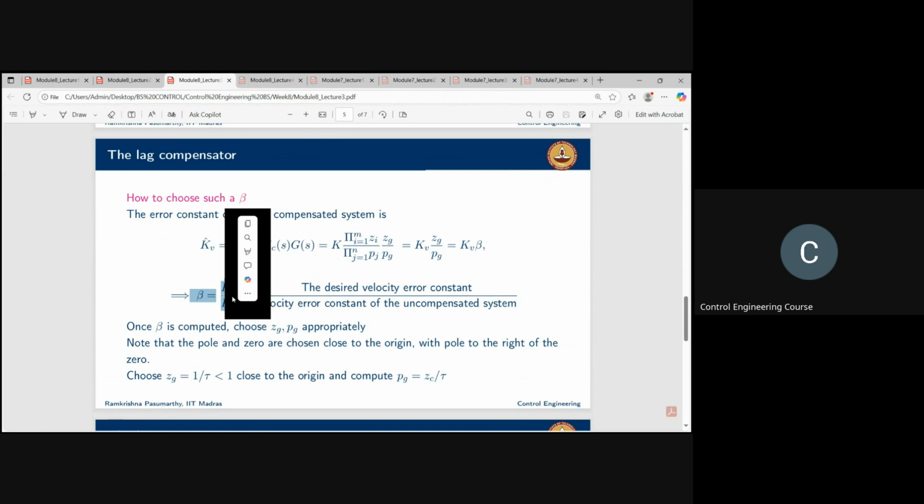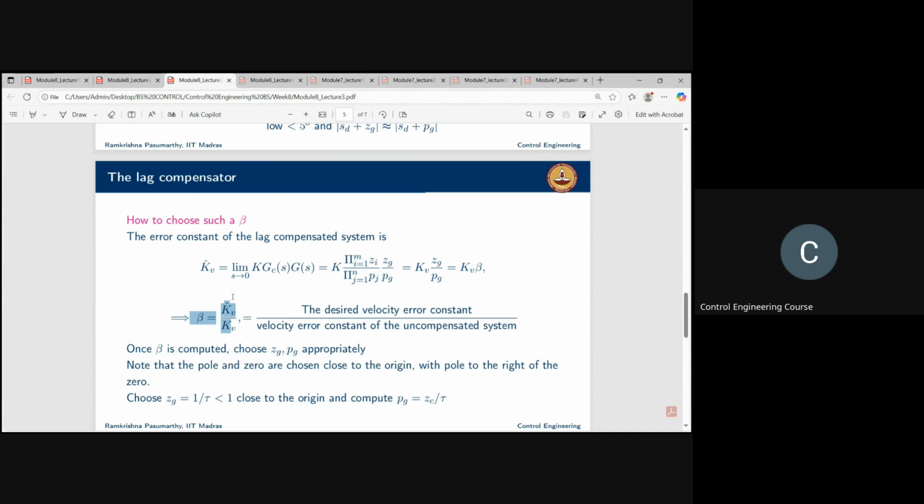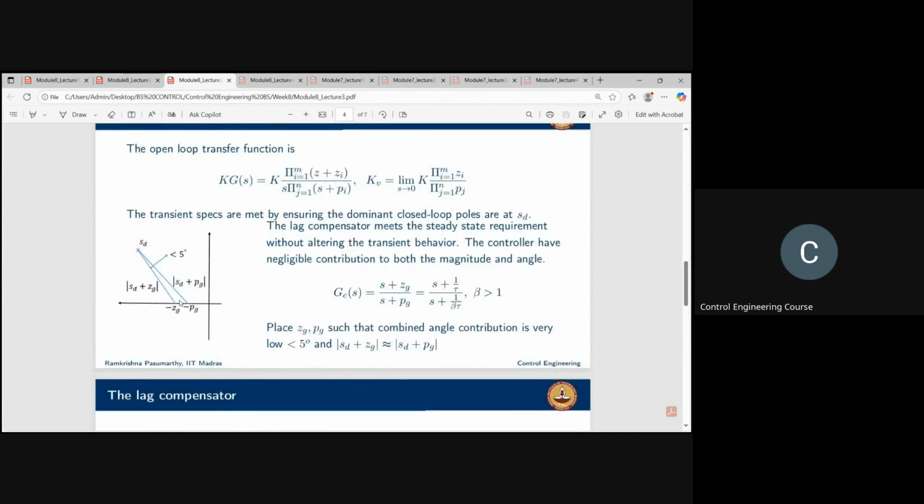Do you agree or not? So based on the steady state error constraint, you can design beta. Once beta is computed, you have to choose ZG and PG appropriately. Of course, beta just gives you the ratio of ZG and PG.